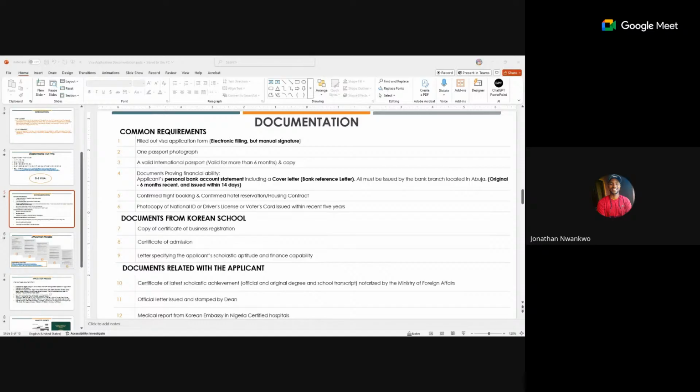I've actually forgotten the name, but it's very popular for the UK. It doesn't apply to Korea. They don't use it. So for the embassy in Abuja, what they use is a certain hospital in Maitama called Dr. Hassan Hospital. So you need to find out the specified hospital for the area where you fall under and get the medical certificate from that place. Next slide, please.